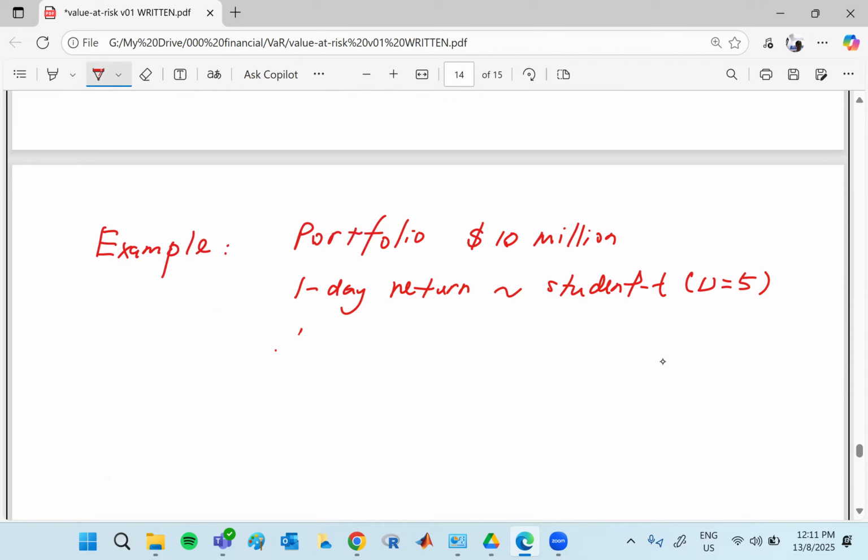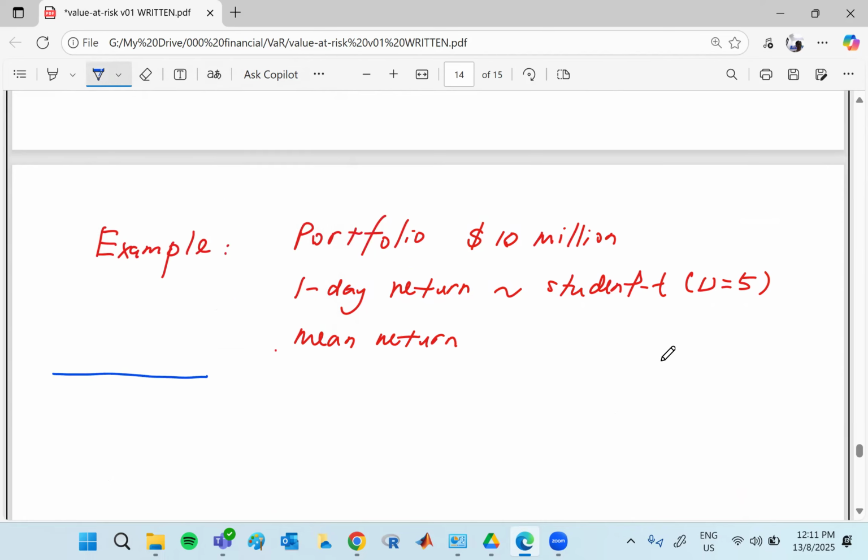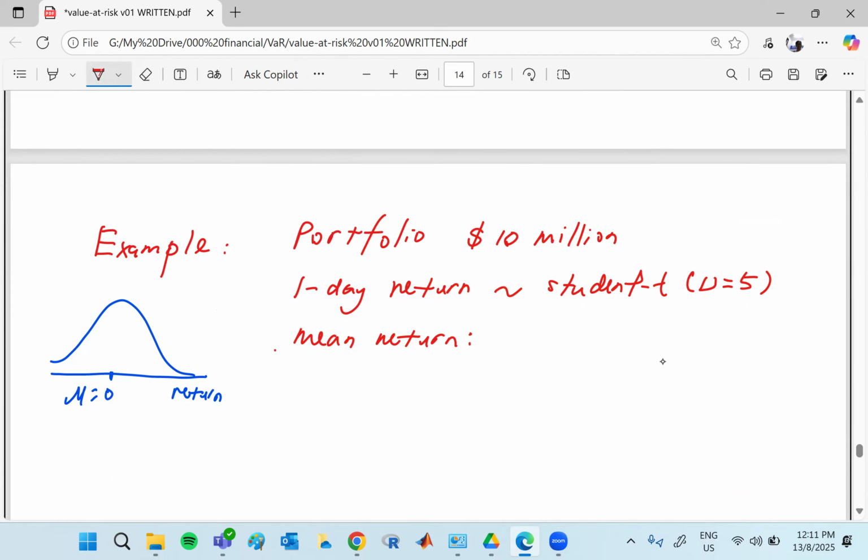So the mean return, as we have seen in most of the examples, will be close to 0. For simplicity we just assume that. Even if it's non-zero, it should be close to 0, positive or negative.